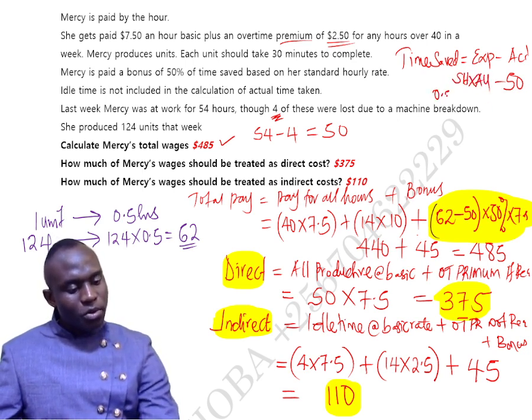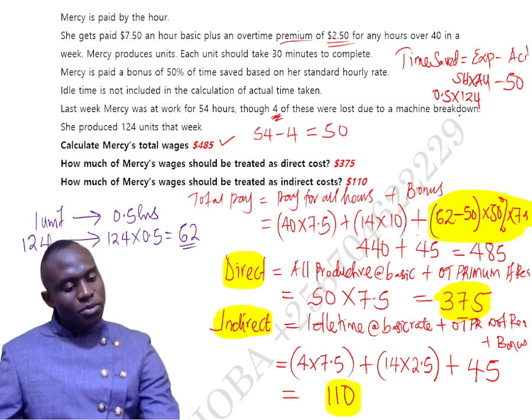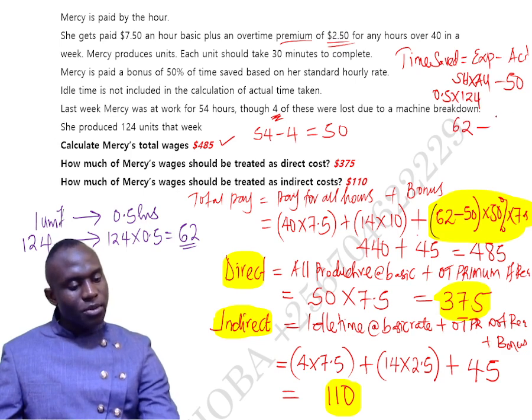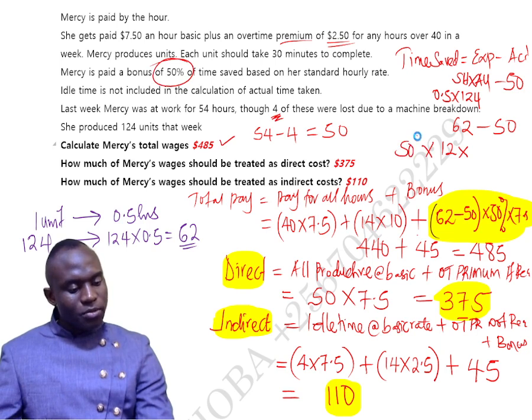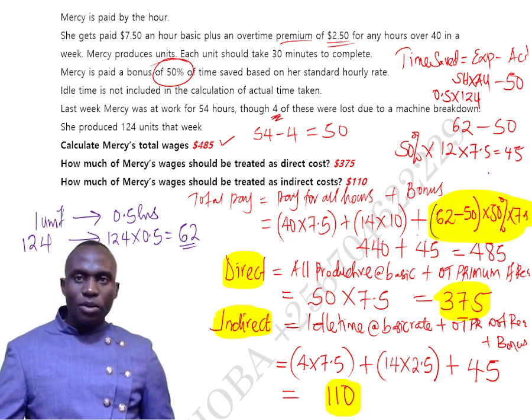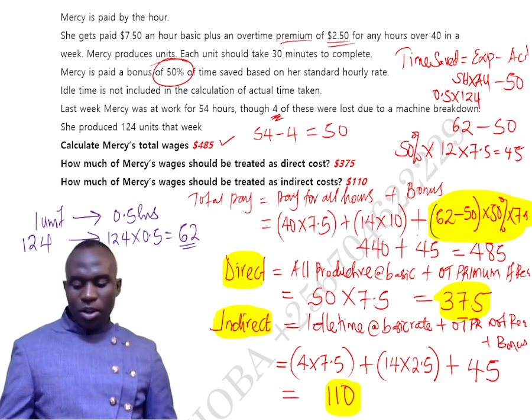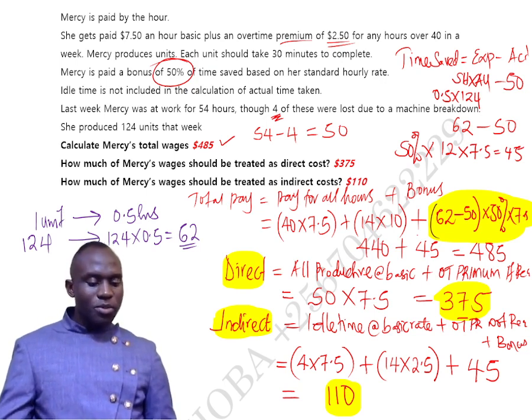Standard is 0.5 and she actually produced 124. So she's supposed to have taken 62, but she only took 50, meaning time saved was 12 hours. The bonus is 50% of time saved times the basic rate, and if you work out, you get 45. So we stop there on the topic for today, which has been accounting for labor.